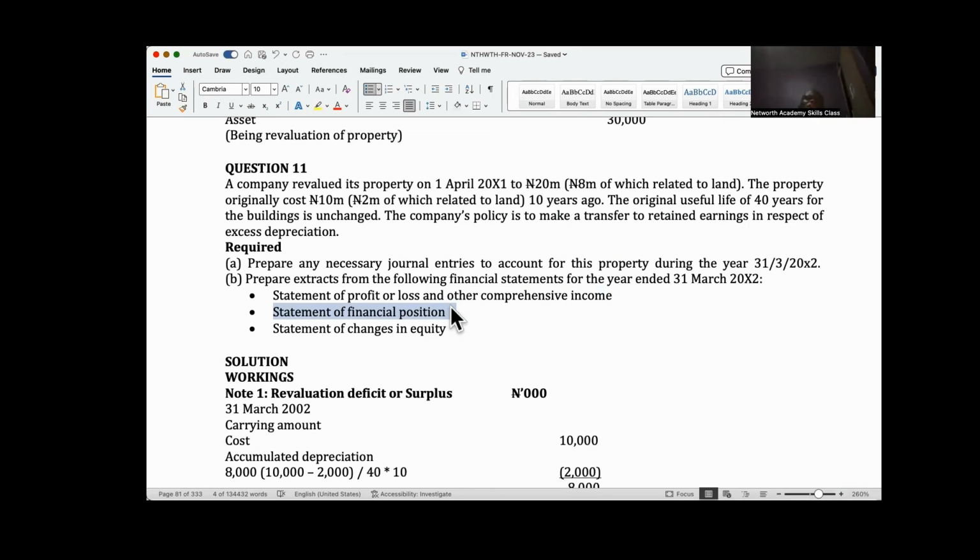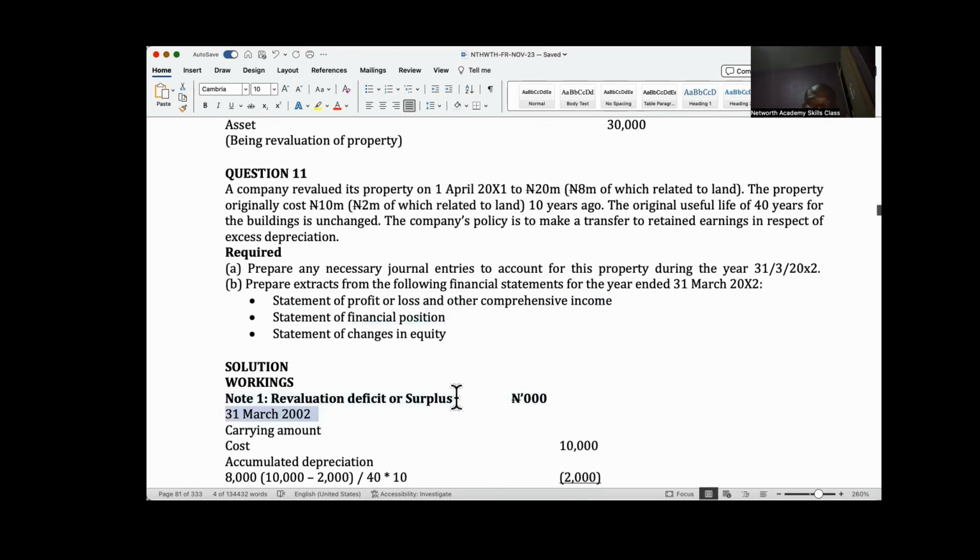Okay, just like we have been doing over several questions, at least from question 8, I've told you that whenever there is a revaluation, the first thing you do is to determine your revaluation surplus or deficit at the date of revaluation. And in this question, when was the date of revaluation?